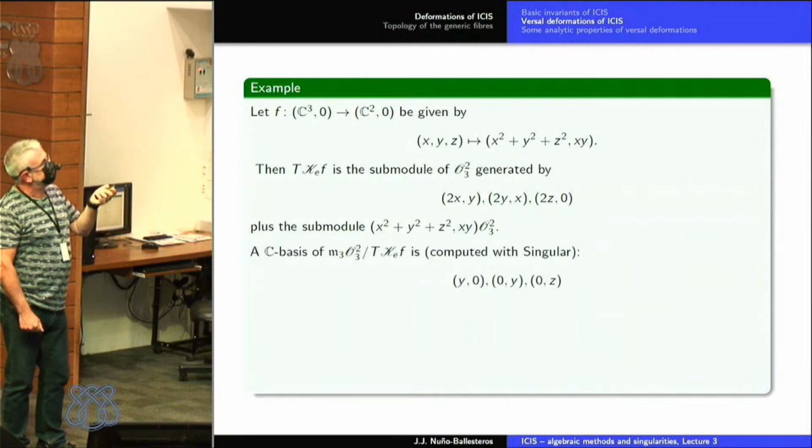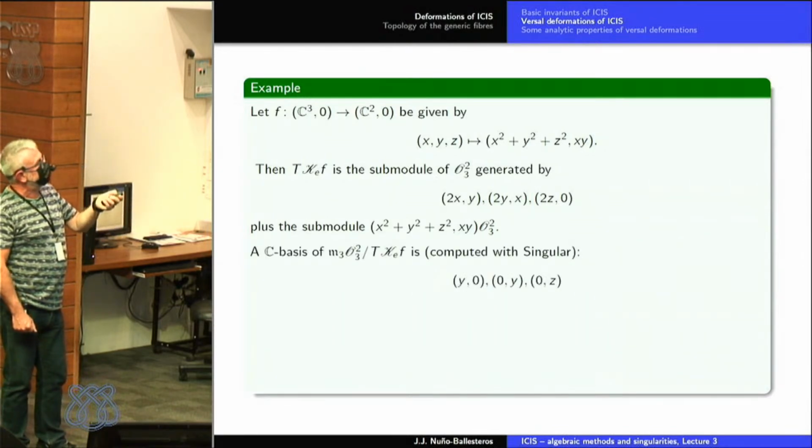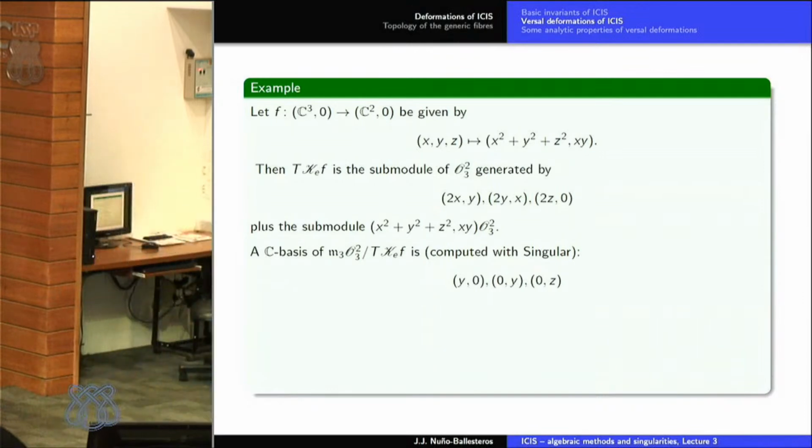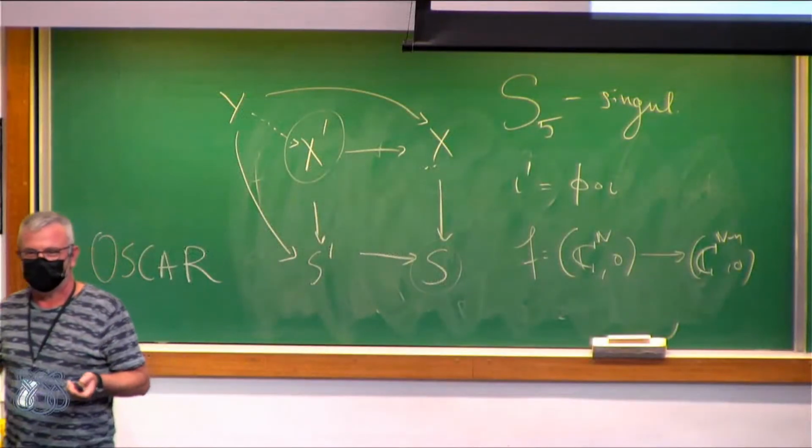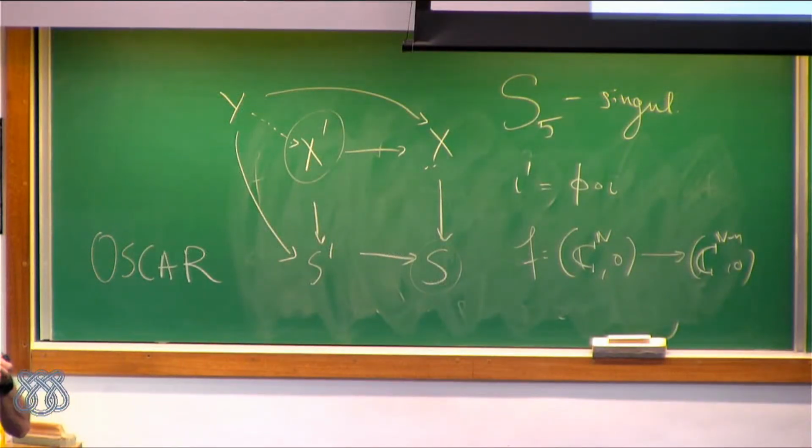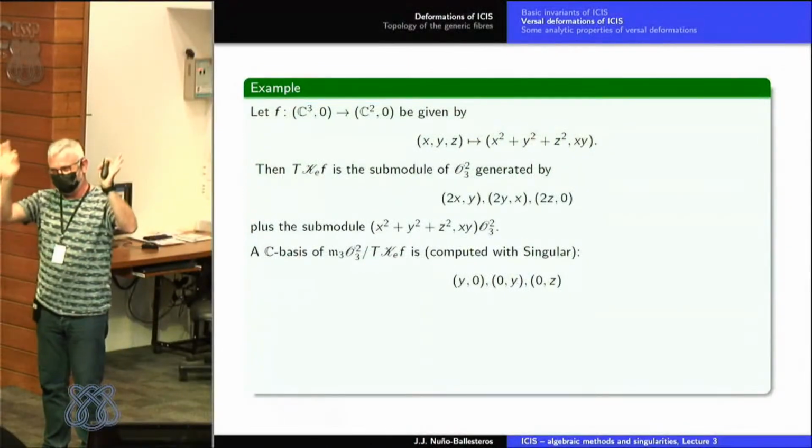Now, we have to compute a C basis of the quotient, the maximal ideal M3 times O3 squared over this tangent space. But this can be done easily using Singular, or of course you can use Oscar if you prefer. I promise that from now on I will try to use Oscar.